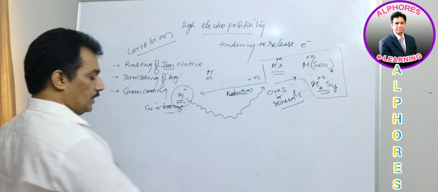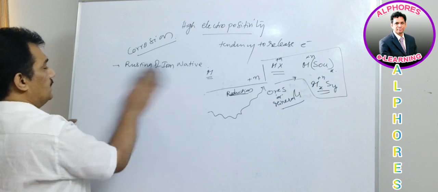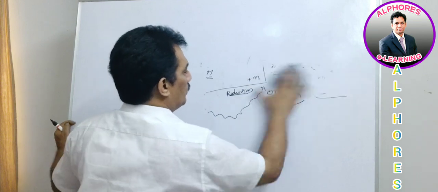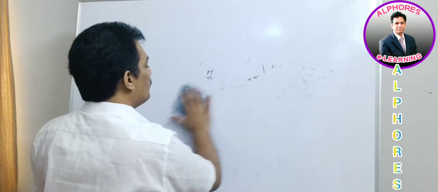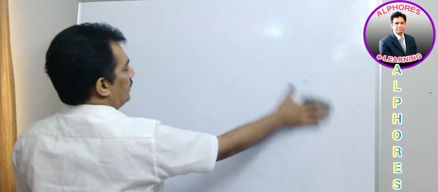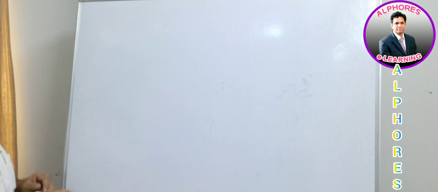Clear? And now the topic is: what is corrosion, how it happens, what are the reactions involved in corrosion, what types of materials promote corrosion, and how we can prevent the rusting of iron. That we are discussing here.